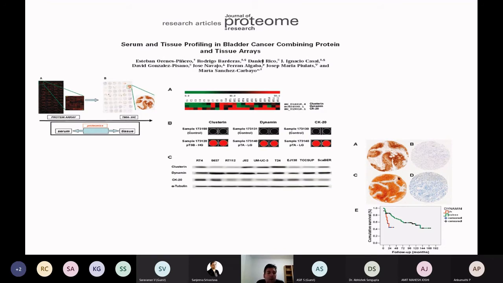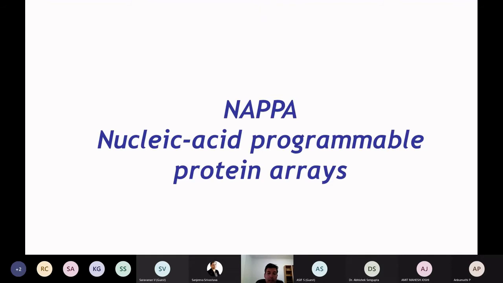Another study using these protein microarrays for serum profiling was published in Journal of Proteome Research. It combined serum and tissue profiling in bladder cancer, and the authors were able to distinguish two proteins that could differentiate the patients according to survival.